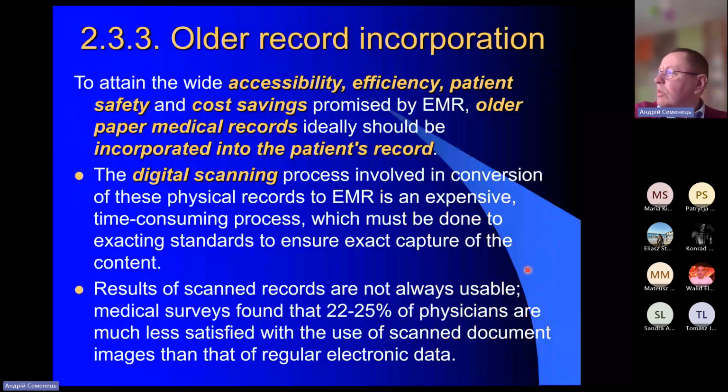So we can't only start new electronic medical records, but it's really necessary to gradually incorporate previous paper-based records into the new digital system to keep the EMR updated and including previous results.